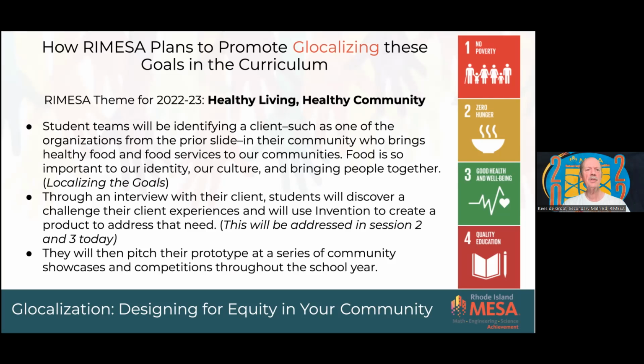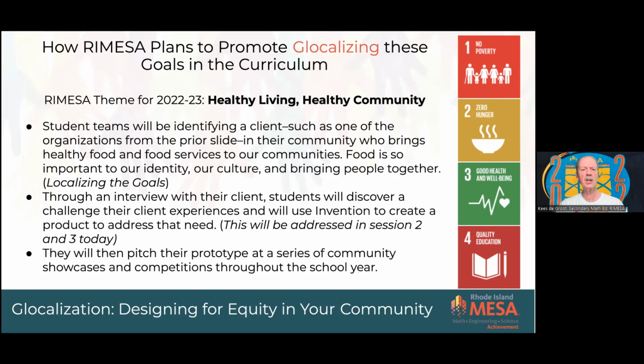So we're going to ask student teams to identify a client, such as the organizations from the prior slide, in their community who brings healthy food and food services to our communities. Food is important for our identity, our culture, and bringing people together. So this is how we localize our goal for Rhode Island.